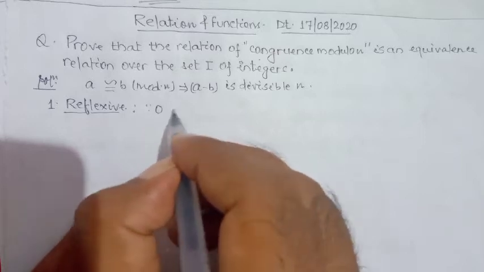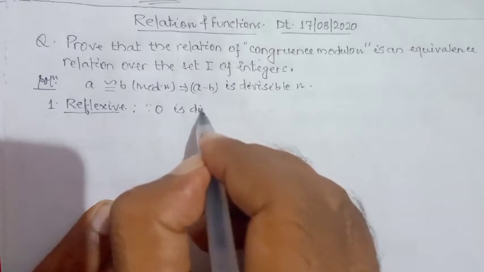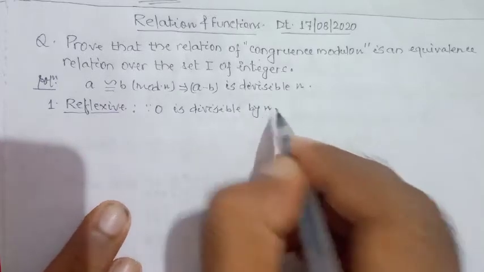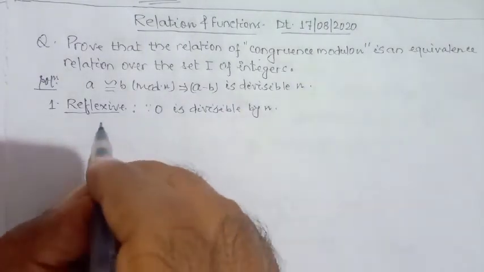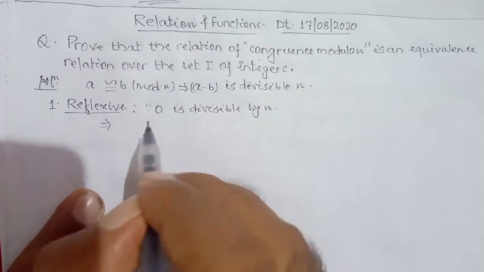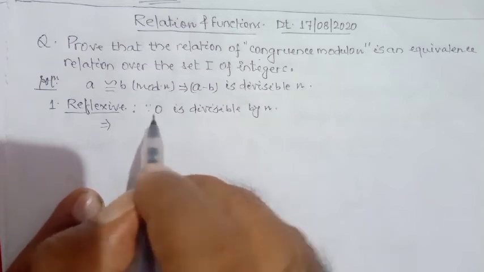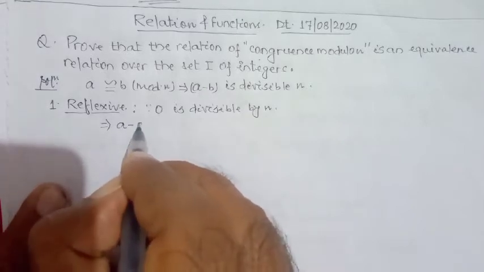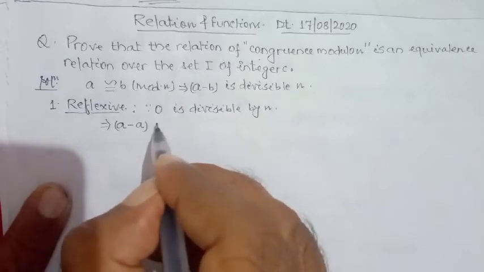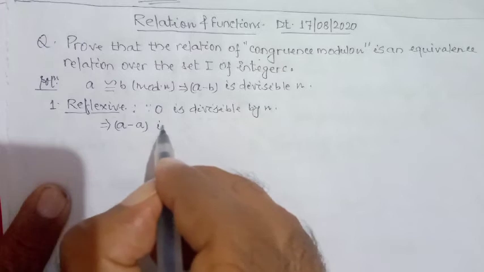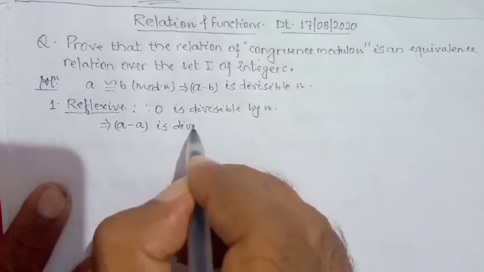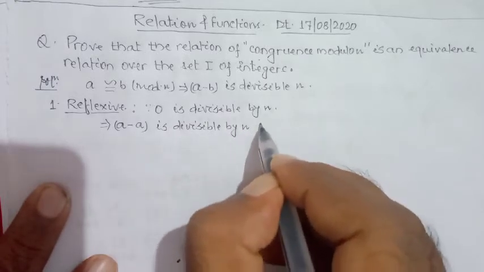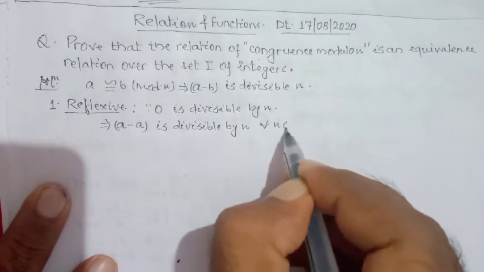So since 0 is divisible by n, and 0 is equal to the difference of two similar numbers, a minus a for all a belongs to I, a minus a is divisible by n for all n belongs to I.